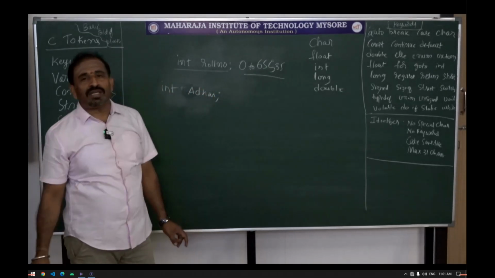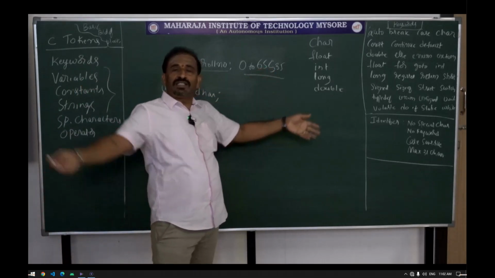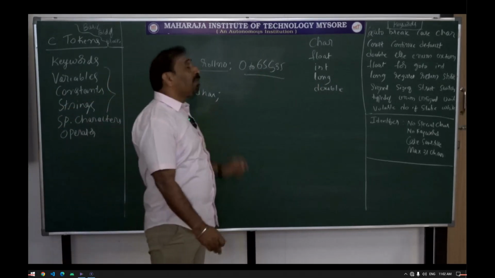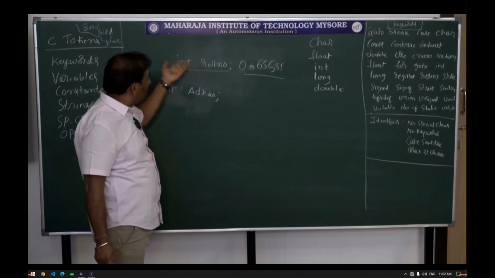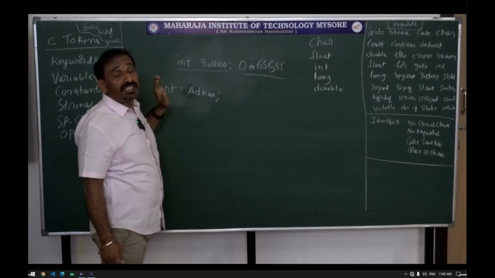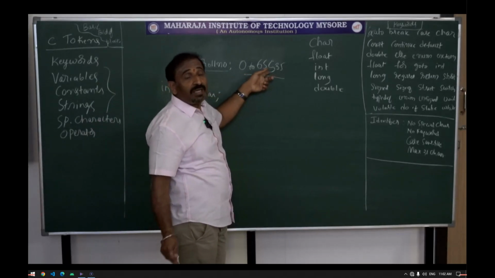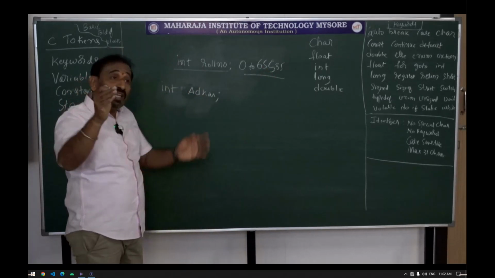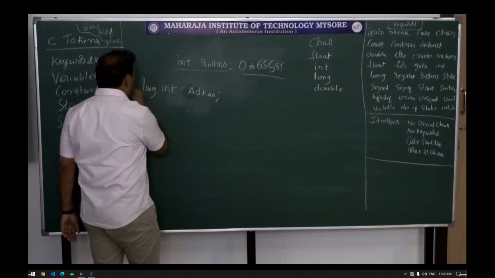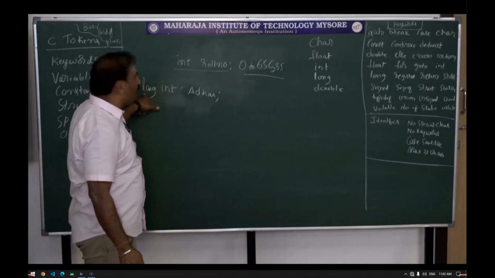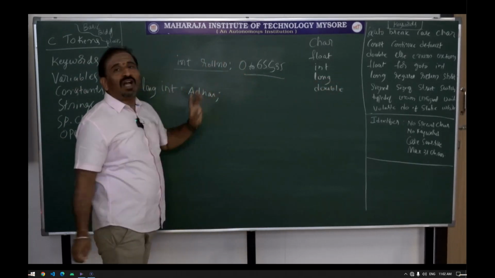You know that an Aadhaar number cannot be filled up with only 5 digits. It's a 12-digit number. Then obviously this integer, which is a short unsigned integer, is not sufficient because it can go only up to 65,535. You need a bigger range. So I will be adding long. Now this integer has become long. Long is also a keyword. I can use this long integer Aadhaar.